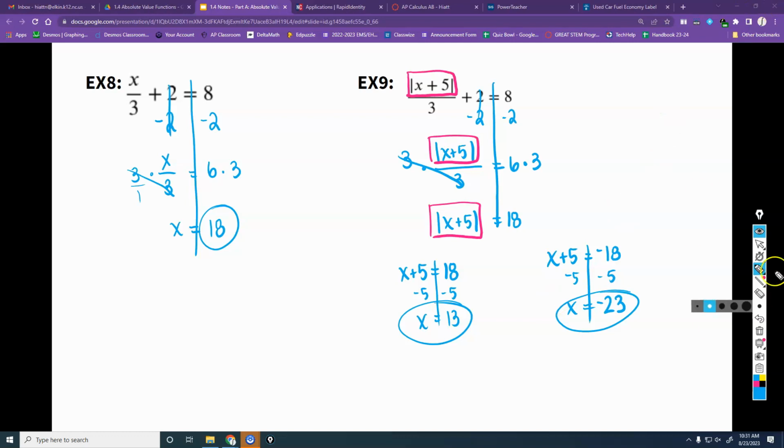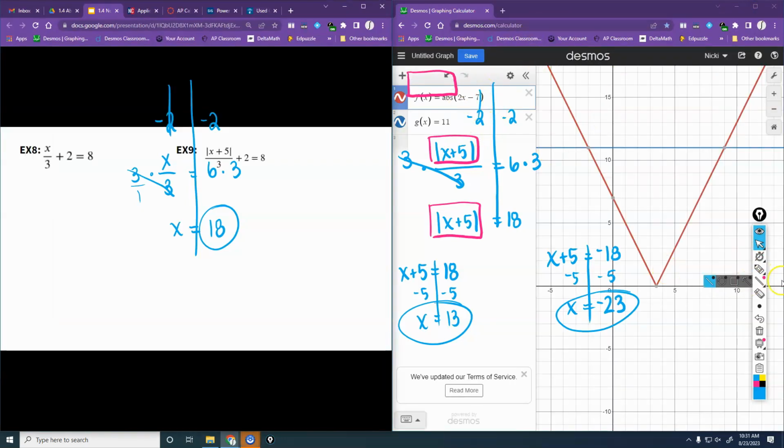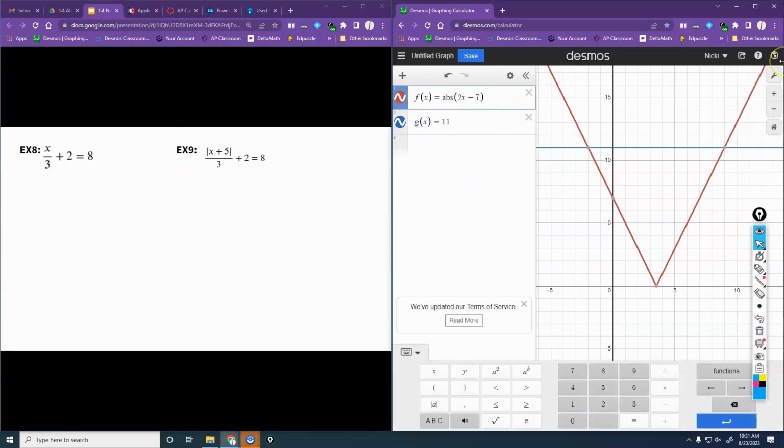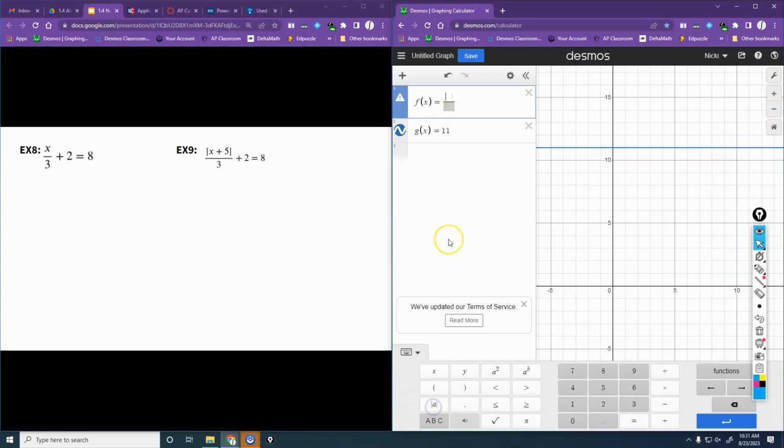If I want to check this with Desmos, I would do absolute value on one side. Here, I'll use the bars. You guys might like that better.